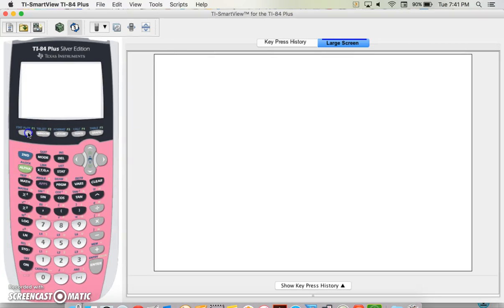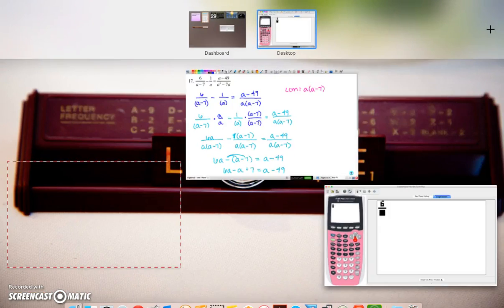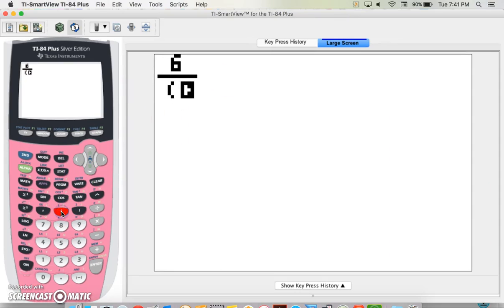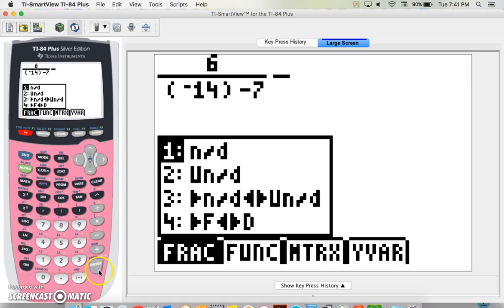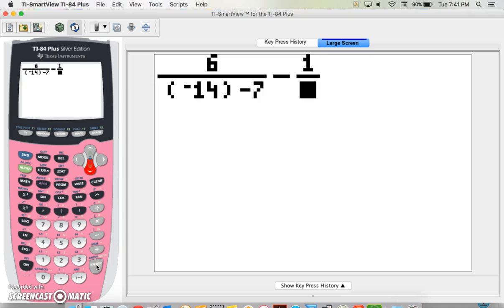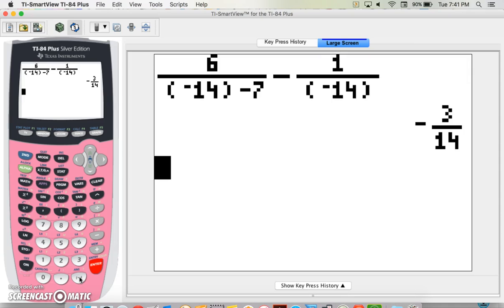So we're going to do alpha y equals to bring up the fraction, push enter, and 6 over, and remember our answer was negative 14, so in parentheses I'm going to put a negative 14 and then minus 7, so that's the first part, and then minus, and we have 1 over a, so alpha y equals enter 1 over, and this would be a negative 14, close the parentheses, and there's the left side of the equation, comes out to a negative 3 over 14.